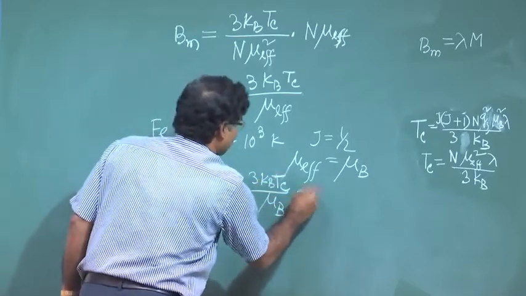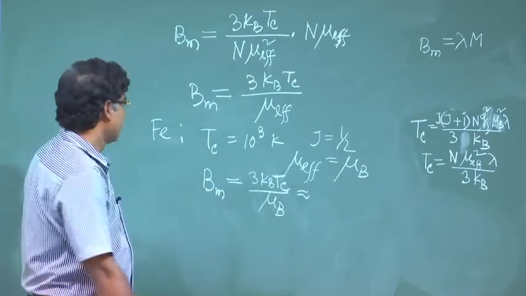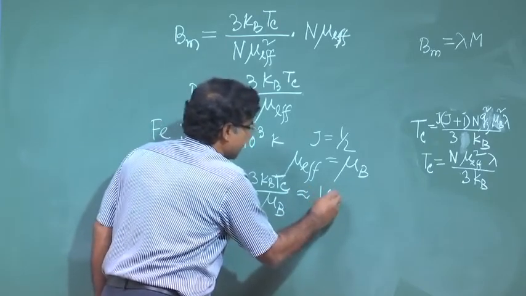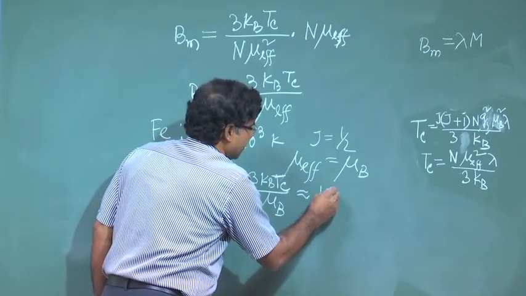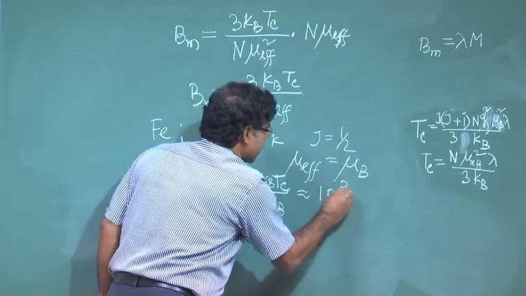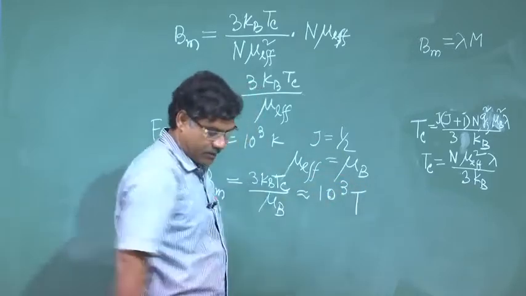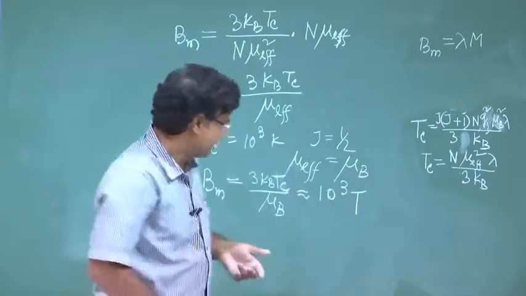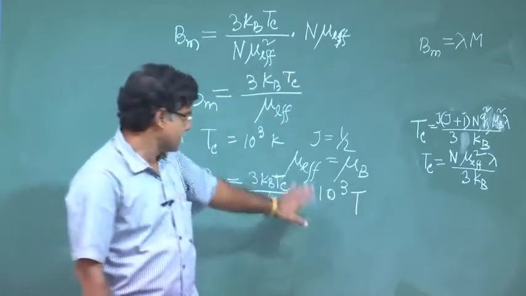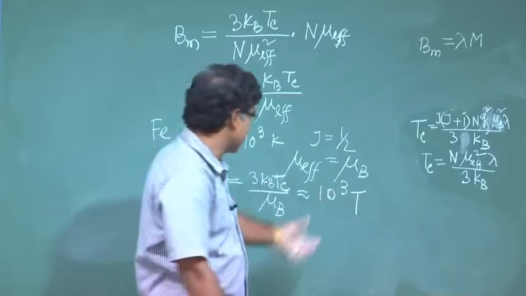If you put all these values, with Tc equal to 10 to the power 3, it gives approximately a field in the order of 10 to the power 3 Tesla, in order of magnitude. Okay. It comes around 1500 Tesla anyway.